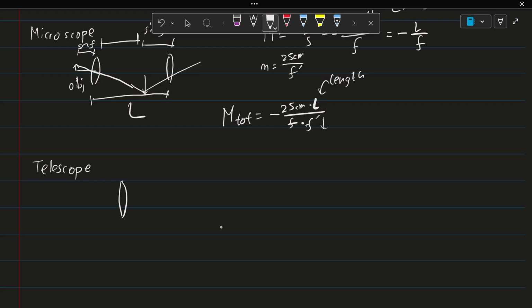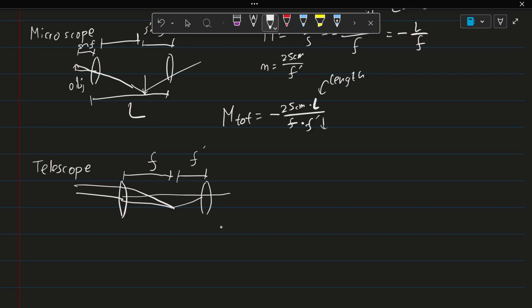Maybe we could focus it at a certain point first. So this is from a far object. It will later converge at the focus point, from here to here. And then you could magnify the image much more with another focus of the eyepiece. So it goes something like this.